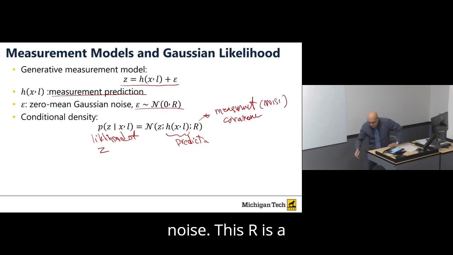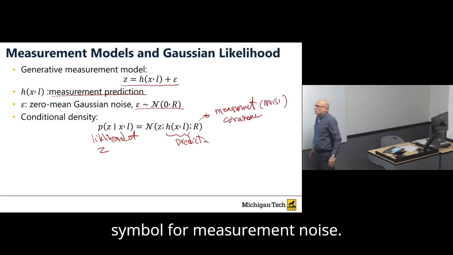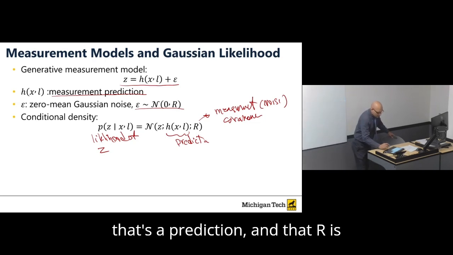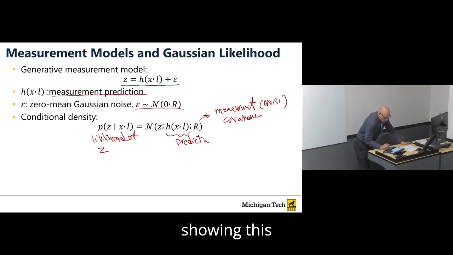This R is the symbol for measurement noise. H shows the prediction, and R shows the uncertainty around it.